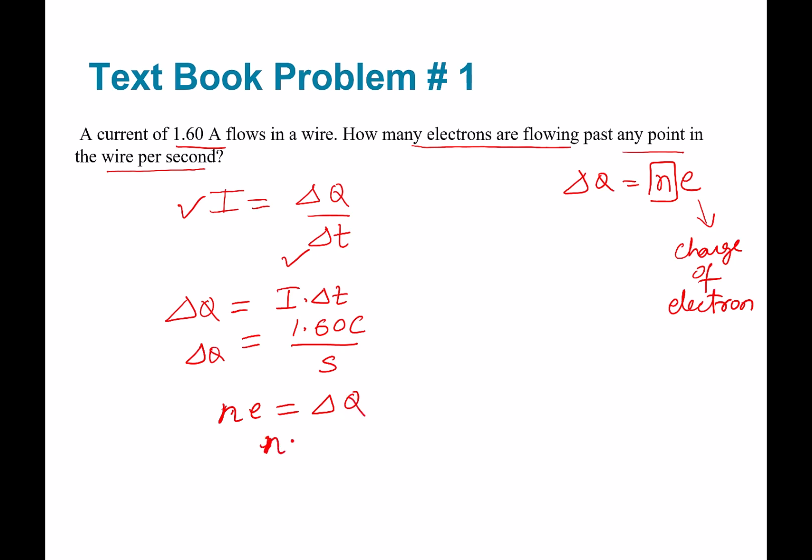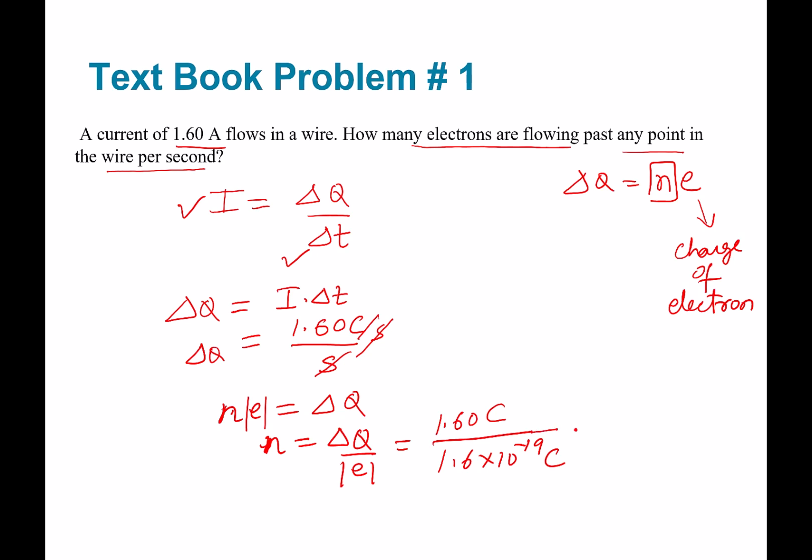N is equivalent to delta Q over the charge of an electron. We keep it as the magnitude because we're talking about a number, so we don't have to put it as negative. So we keep it as the magnitude of the charge of an electron. And this is 1.60 coulombs divided by 1.6 cross 10 to the power of minus 19 coulombs.